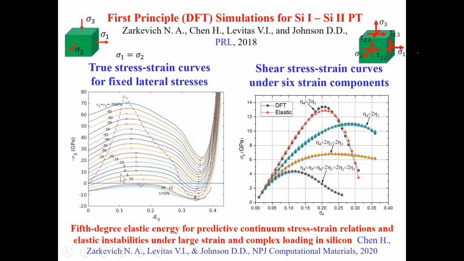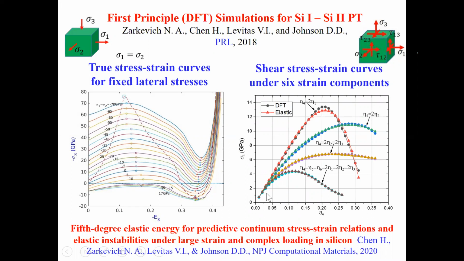Okay, and also DFT gives us stress-strain curves at different loading conditions. Instability corresponds to maximum stress here. And also we found a 5th degree approximation for elastic energy. That means elastic constants up to 5th degree.